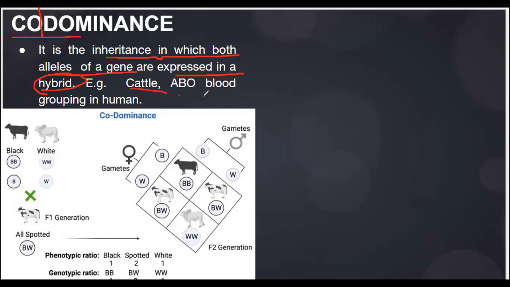So cattle, and even in our blood grouping system, you have A blood group people, B blood group people, O blood group people, AB blood group people, this also shows co-dominance. We will take the example which is there in your syllabus, that is the cattle cross, the color of the cattle cross. Sometimes you can take black. Instead of black, you can have brown also. So that depends. Okay, usually it is brown.